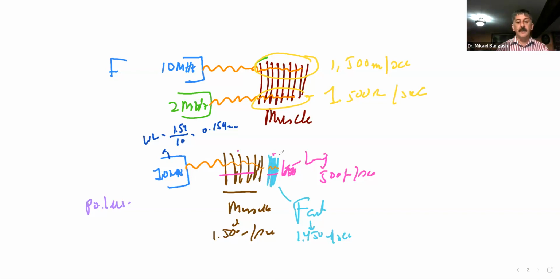So that speed will remain the same irrespective of whether it was a 2 megahertz transducer, 10 megahertz transducer, or 7 megahertz transducer, it doesn't really matter. Did that make sense?